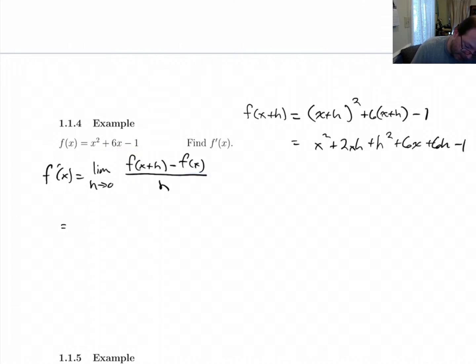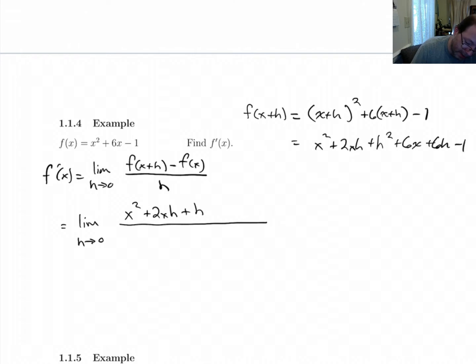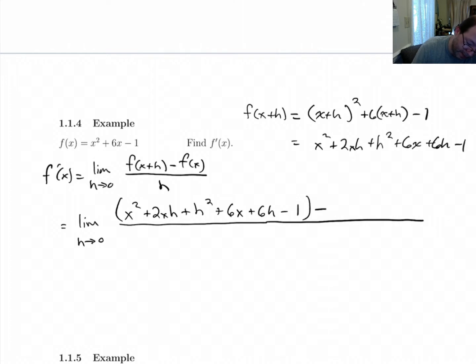And so we wind up with the limit as h goes to 0 of x squared plus 2xh plus h squared plus 6x plus 6h minus 1, then minus f of x, which is x squared plus 6x minus 1, all over h.